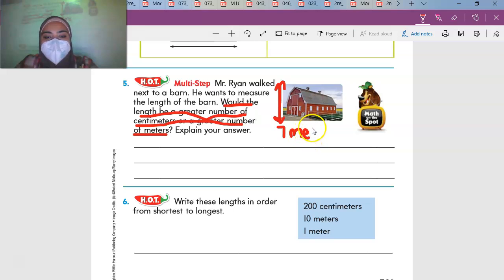Good job, 700 centimeters. 7 meters is the same as 700 centimeters, because 1 meter is the same as 100 centimeters. Do you get that? So the question is asking, would the length be a greater number of centimeters or a greater number of meters? What's bigger, 700 or 7? 700, so it would be a greater number of centimeters.